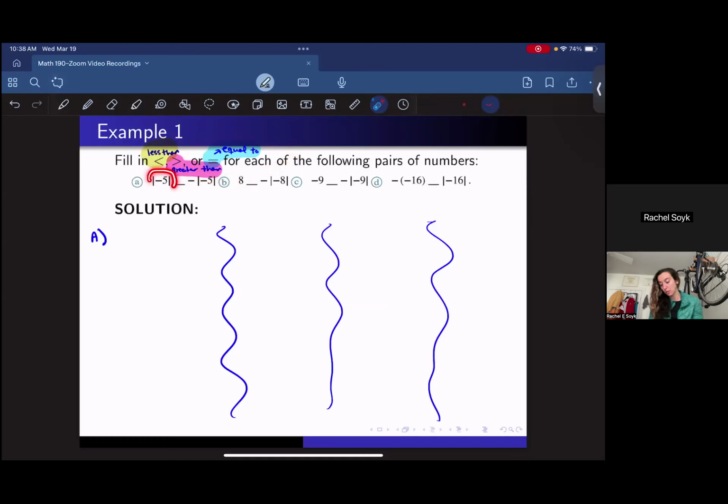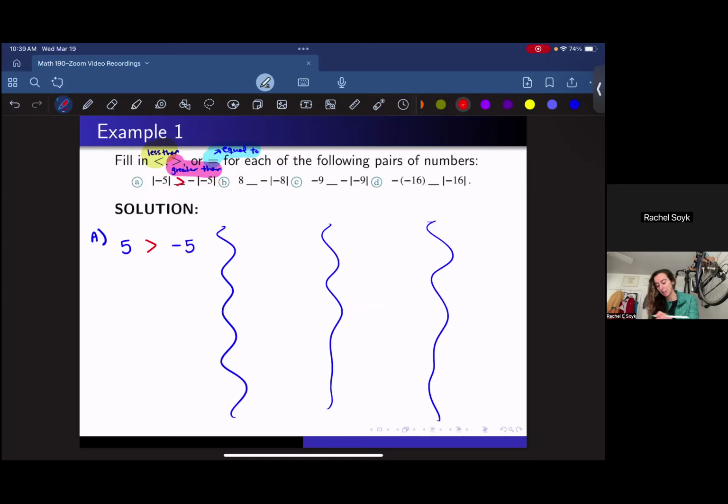Well, we know that the absolute value of -5 is just +5. And the absolute value of -5, once again, is +5, but there's a negative number in front of that whole absolute value. And so the comparison between 5 and -5, well, we know that 5 is greater than -5. So there we have it.